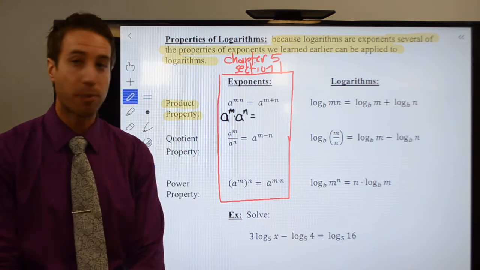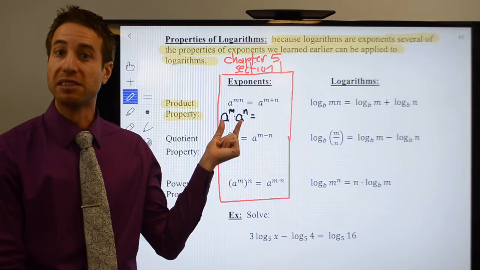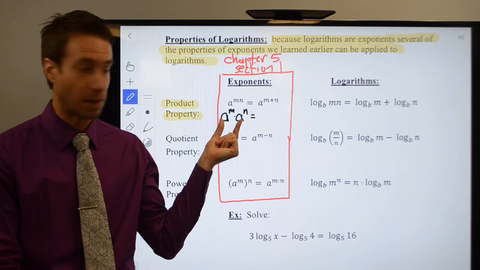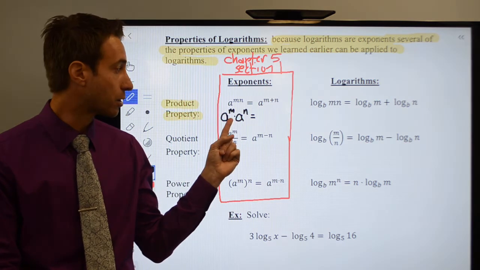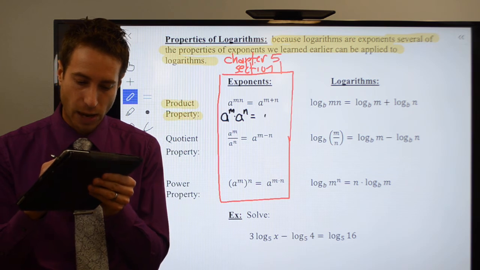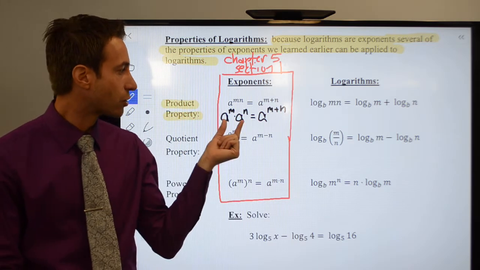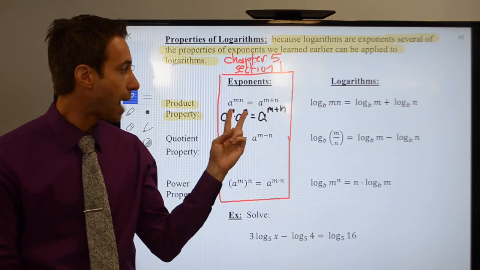It's called the product property because if you multiply like bases, if the bases are the same and you have multiplication, then you add the exponents. So that's why it's a to the m plus n, right?